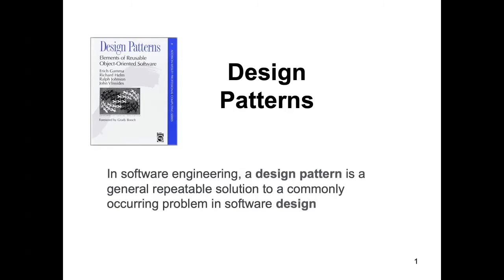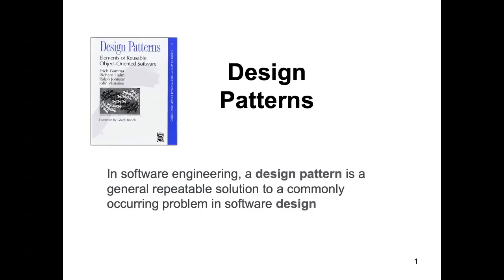So what has happened over the decades is that as software engineers, we have been coming across similar types of problems that we want to implement solutions to. I'm talking about problems now at the micro level rather than at the macro level.